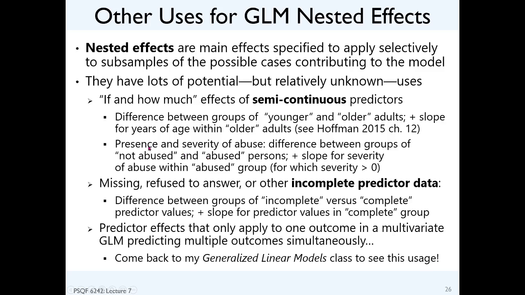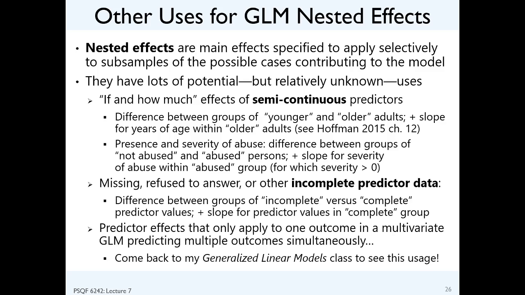Alternatively, it's common to have predictors that measure the presence and severity of a problem. So drug abuse, history of physical violence or physical abuse, that kind of thing. So if you have people in your sample who do not have a history of abuse, they're going to have a 0 on any variable that indexes severity.